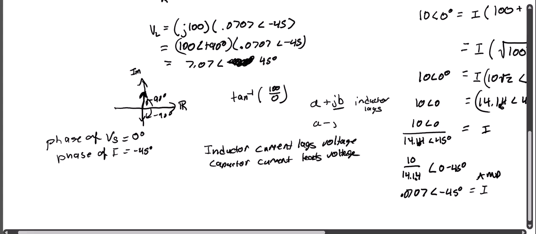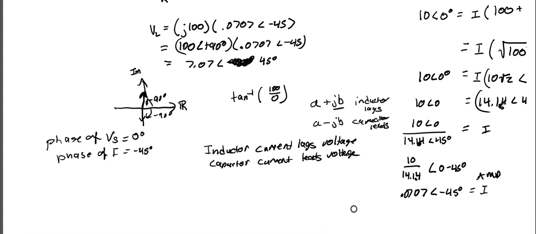If you have A minus jB, that's a capacitor, and the current leads. Any other questions? So the phase for the voltage source is just 0? Yes.